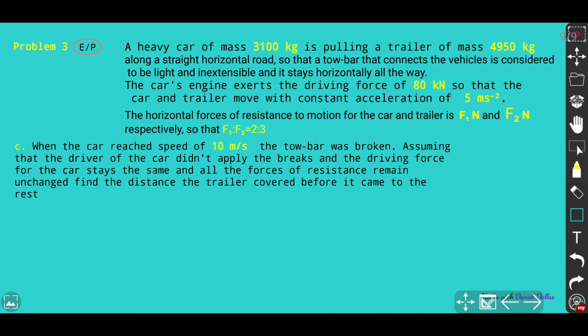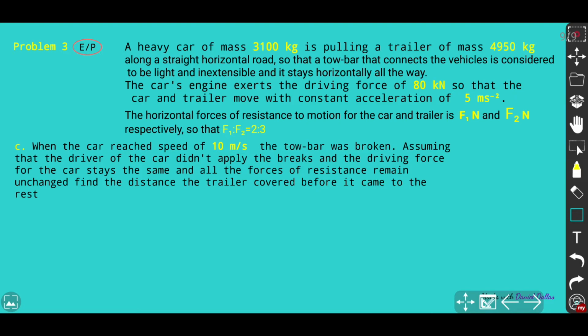Actually, because it lacks tension force, the driver should feel that it accelerates, as if in reality he is accelerating because there is no tension force once the tow bar was broken.